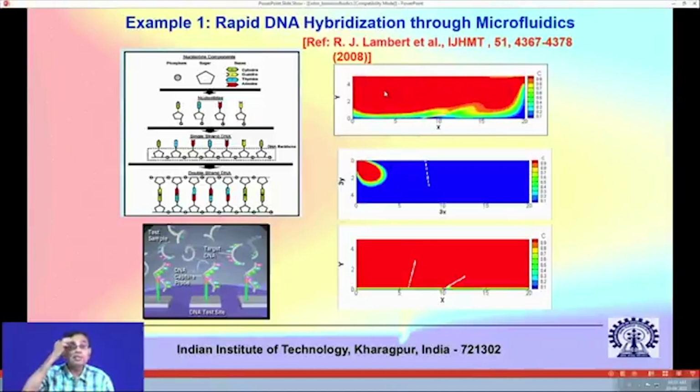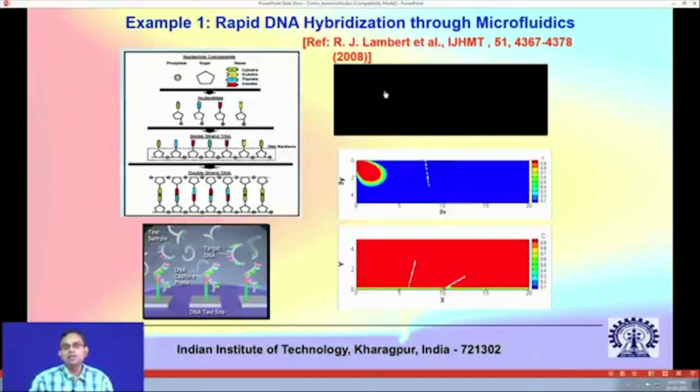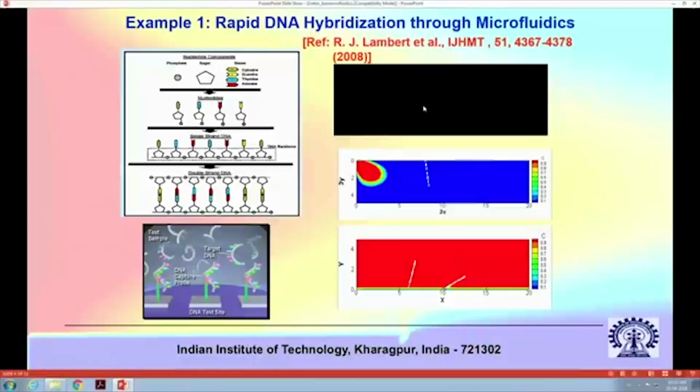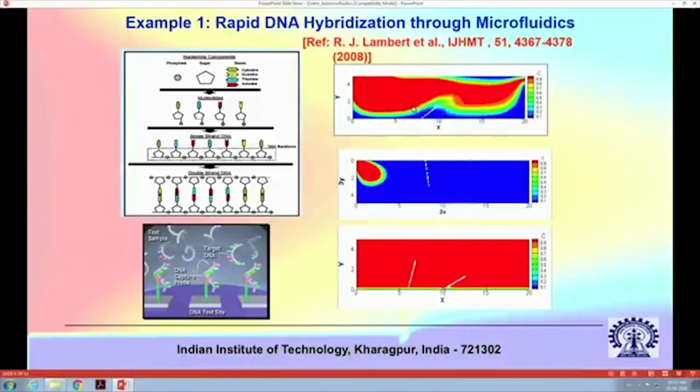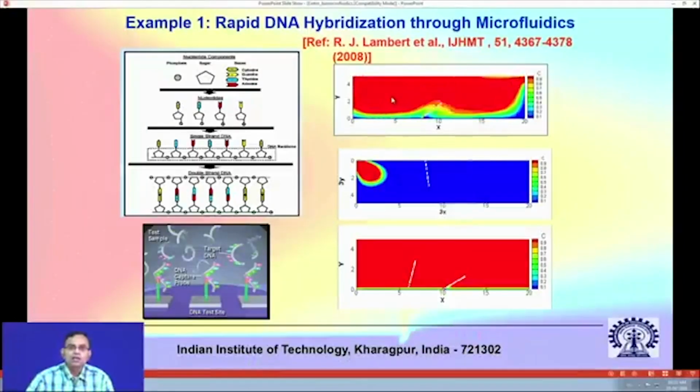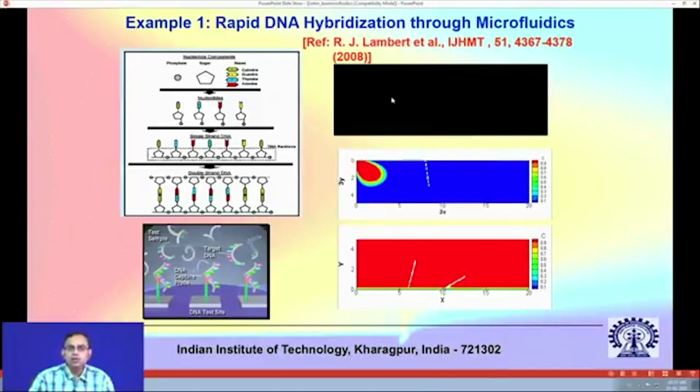When this flap oscillates, it simultaneously acts like a mixer and a pump. Let me run this movie again. Once this is done, the DNA solution is virtually forced to move towards the wall where the capturing probes are located.